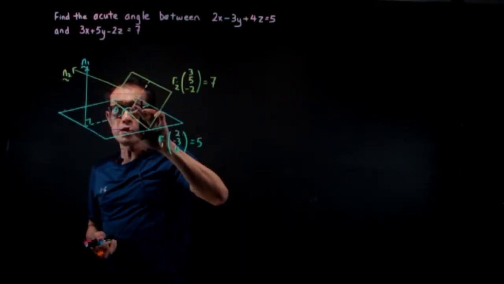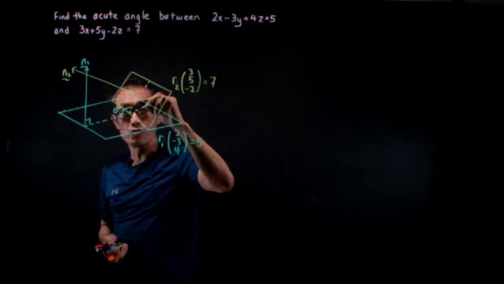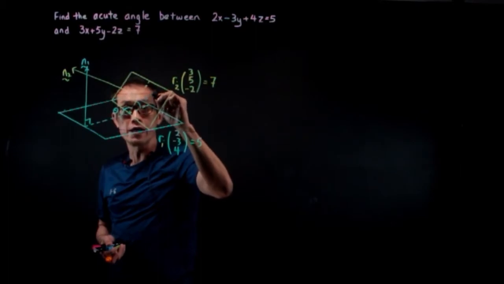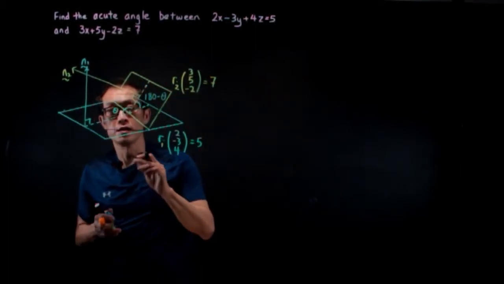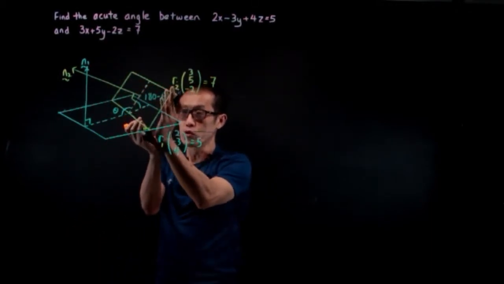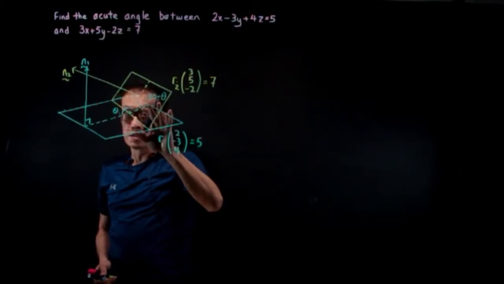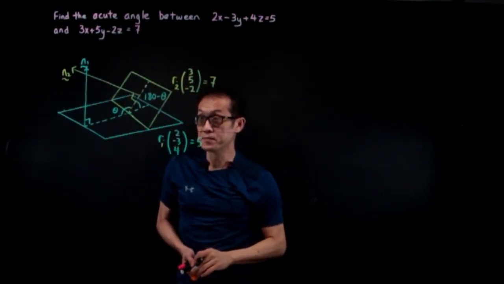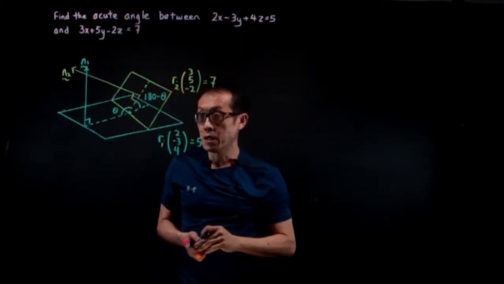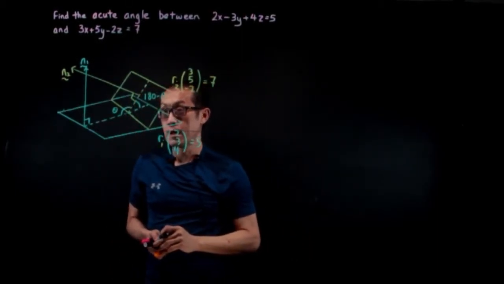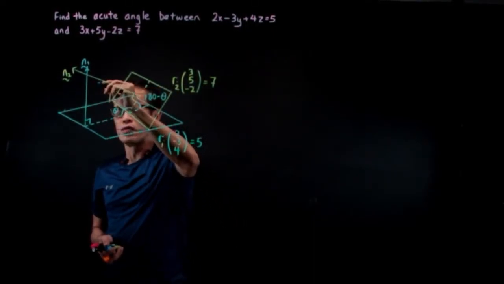Now there are two angles between two planes. One is theta, and the other will be 180 minus theta. There are two possible angles between two planes; it depends on which one you are looking for. If one of them is theta, the other will be 180 minus theta. Now if this is theta, what is this angle over here?